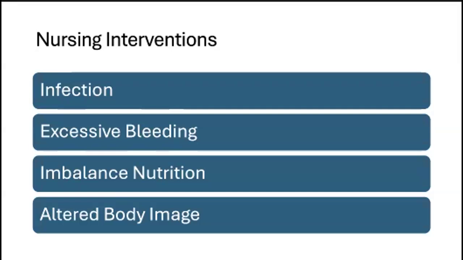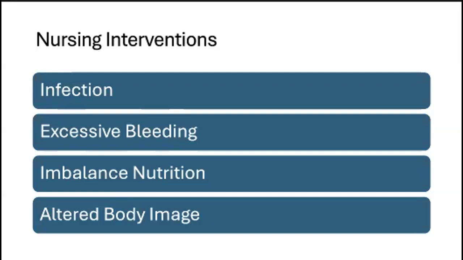Lots of mouth care, 4 times a day. Administer antibiotics as ordered. Oral hygiene, hand hygiene. Basic outcomes: the child should remain afebrile, with no redness or swelling, negative cultures, and the child can tell you early signs and symptoms of infection.